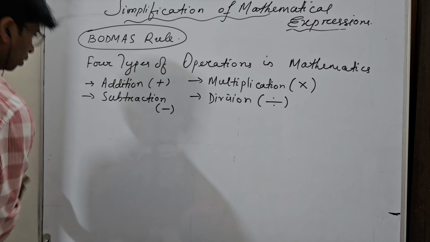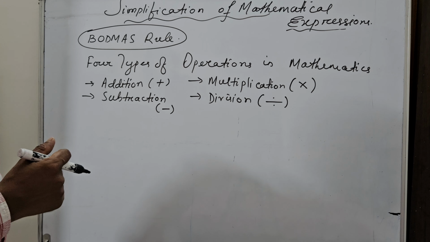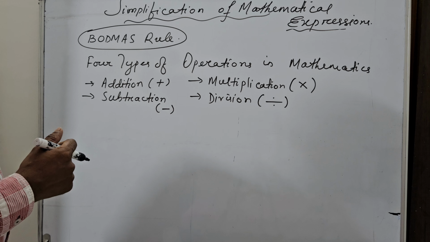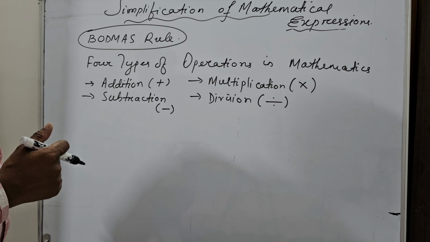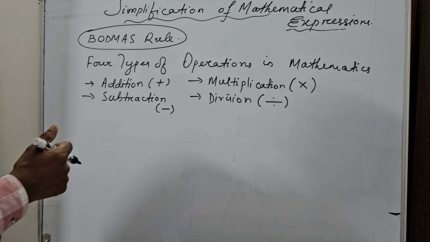So we must be knowing about different numbers. They are like whole numbers, natural numbers, integers, fractions, decimal fractions, and rational numbers.